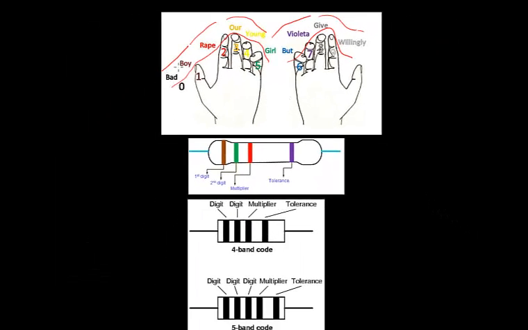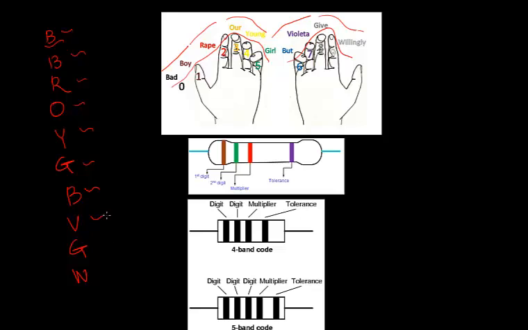If you concentrate on the first letter of each word, each letter represents one color: black, brown, red, orange, yellow, green, blue, violet, gray, and white. So that's how each color is defined, and this is a way of remembering it.